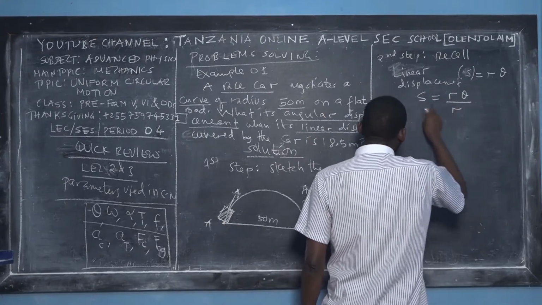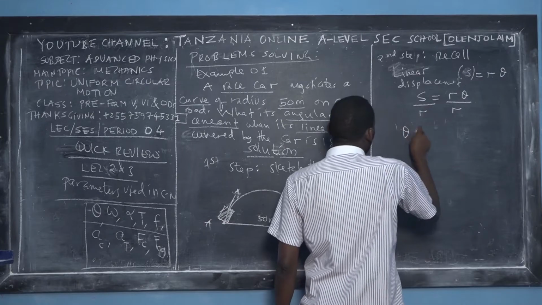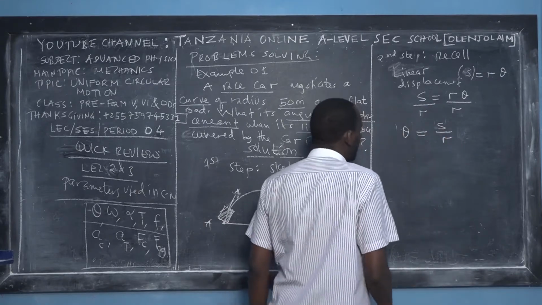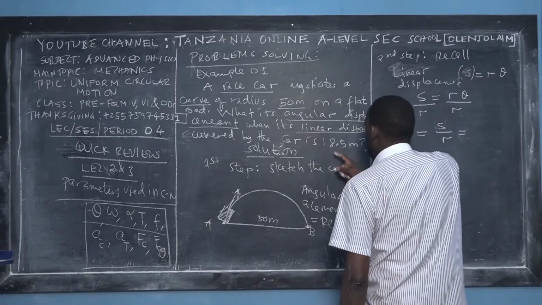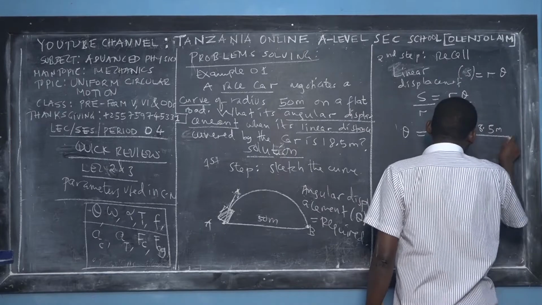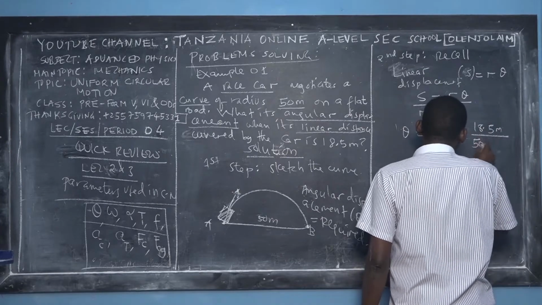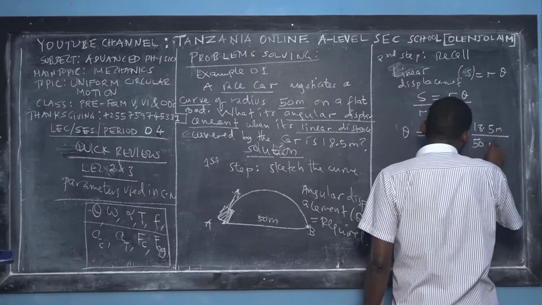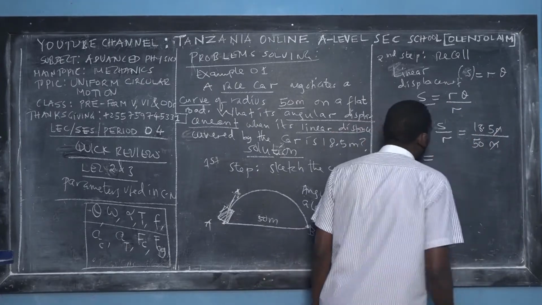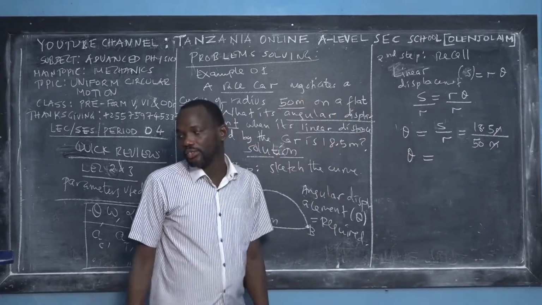If you are looking for theta, we divide by R on both sides. So theta is equal to S over R. What is S? S is linear displacement, or linear distance, 18.5 meter, divided by radius. What is the radius? Radius is 50 meter. So meter and meter will cancel. So use your scientific calculator to compute that division.